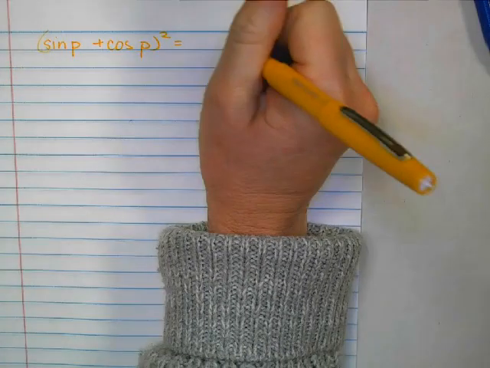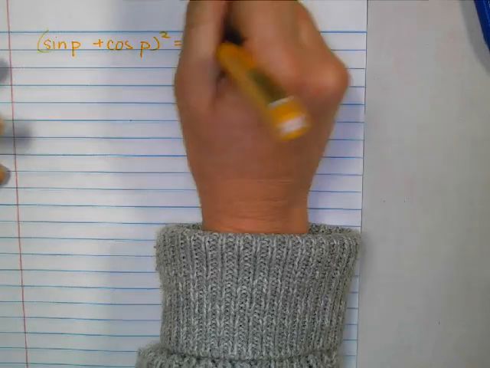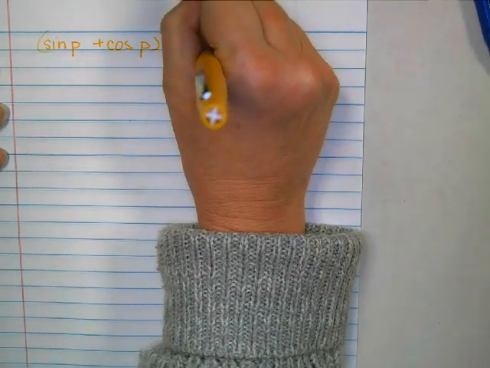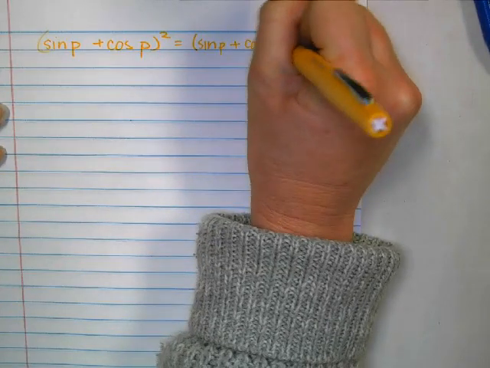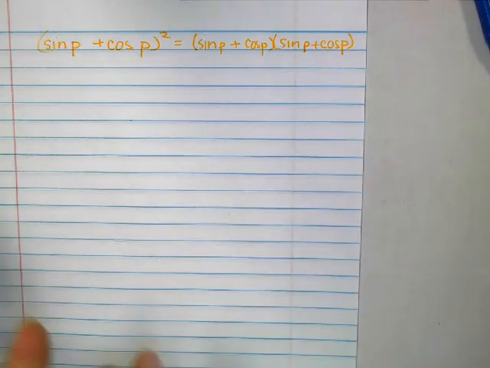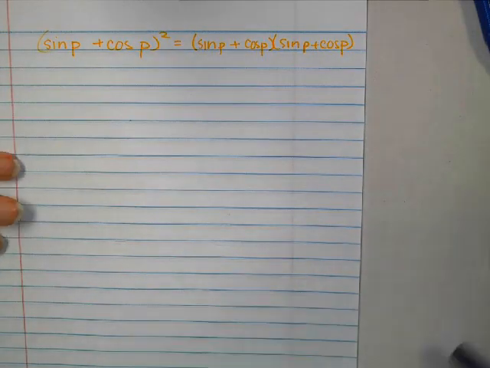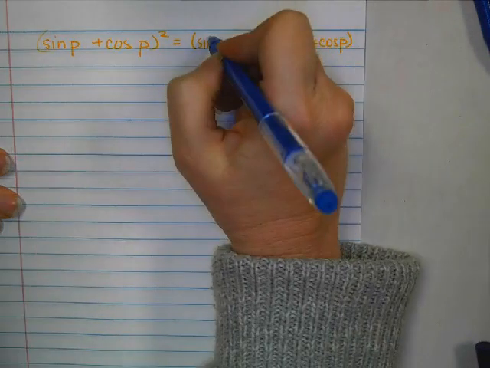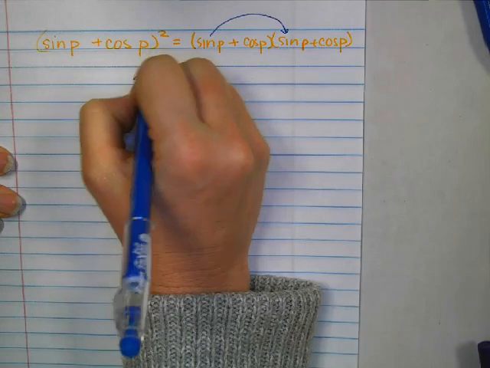Squaring something means what? Multiplying it by itself. So I'm going to write it down twice. Sine p plus cosine p times sine p plus cosine p. All right, so now I'm just distributing, because that's how you square stuff. Sine p times sine p is sine squared p.